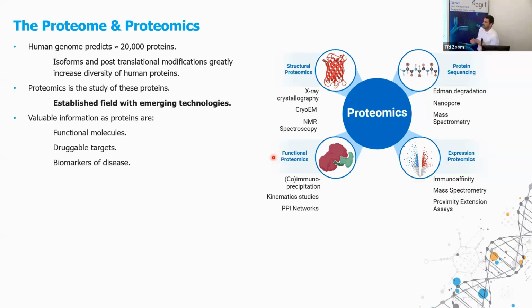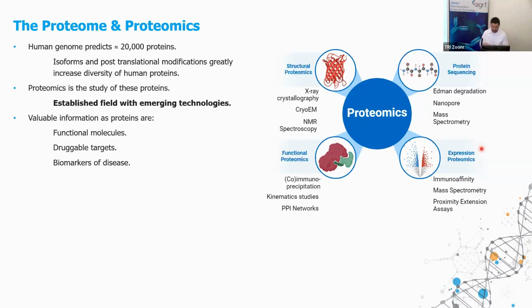Understanding the way that one protein or a bunch of proteins interact with each other and with other substrates underlies functional proteomics, and you can analyze that through things like co-immunoprecipitation studies, kinematic studies and PPI networks, all of which have a strong and growing presence within the literature.